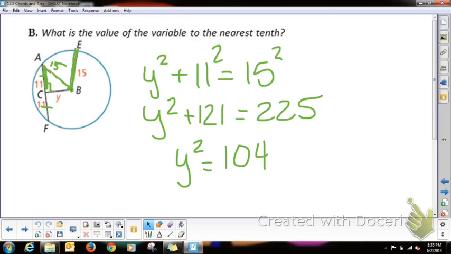And then to undo squared, we're going to do square root. So we're going to get that y is approximately, we're going to round to the nearest tenth again. When you do the square root of 104, you're going to get 10.19. So it's approximately 10.2. And we don't have a labeled unit here, so we're just going to call it units.